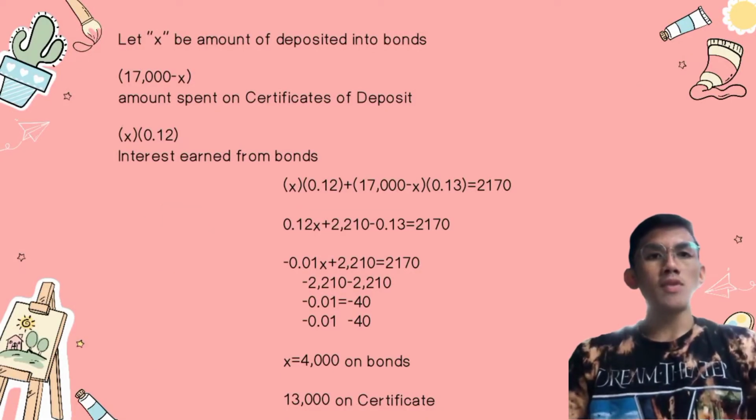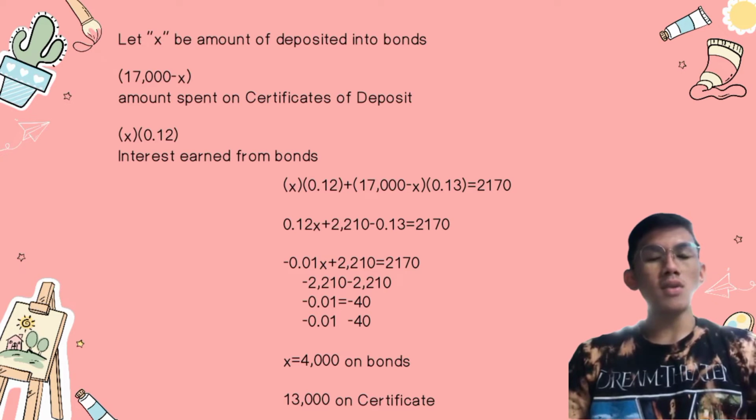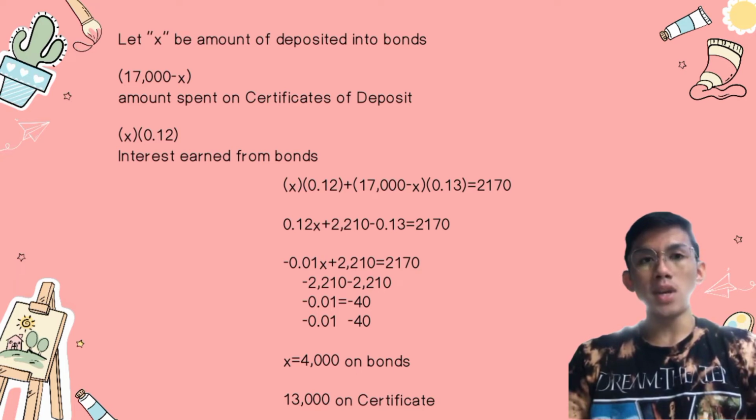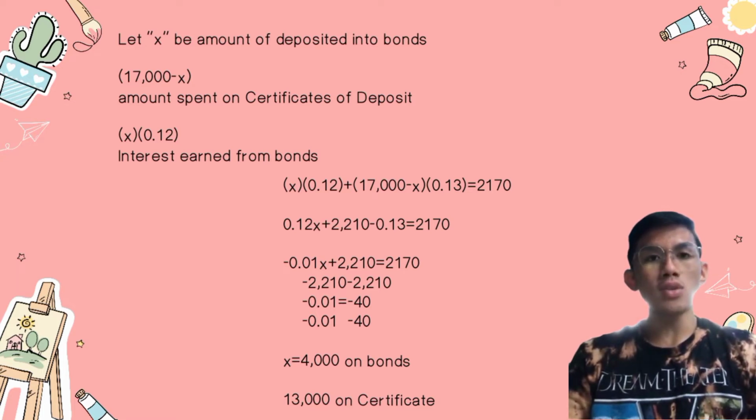Let x be the amount of deposit into bonds. 17,000 minus x is the amount spent on certificate of deposit. x times 0.12 is the interest earned from bonds. So 0.12x plus (17,000 minus x) times 0.13 equals 2,170. 0.12x plus 2,210 minus 0.13x equals 2,170.